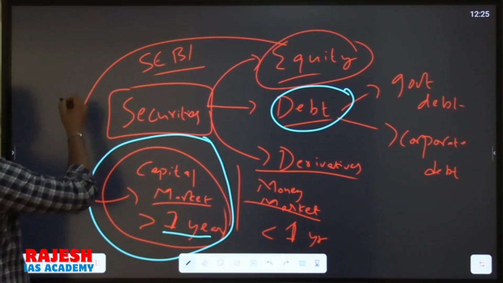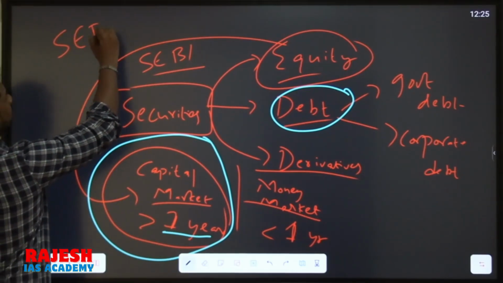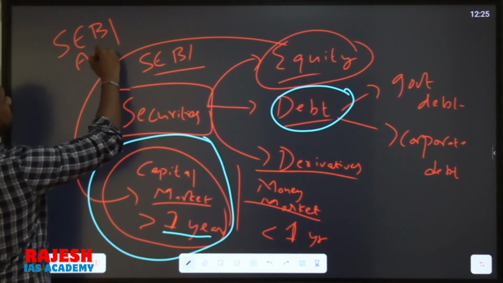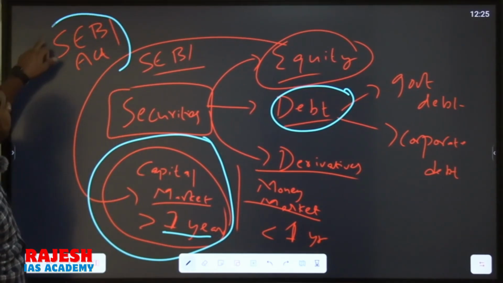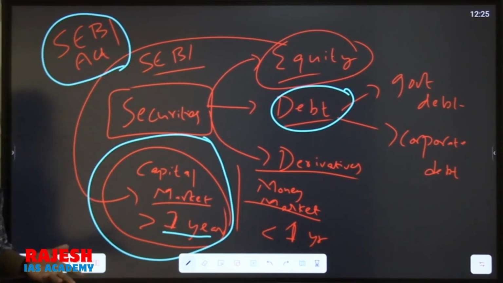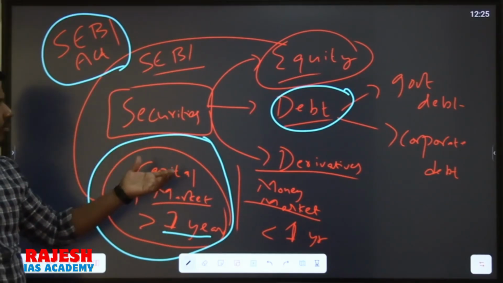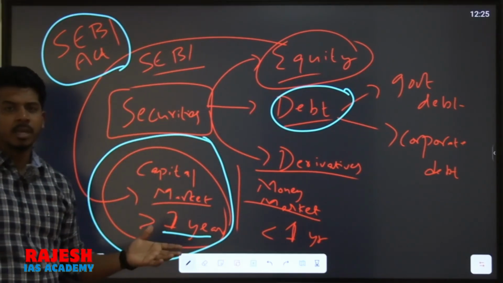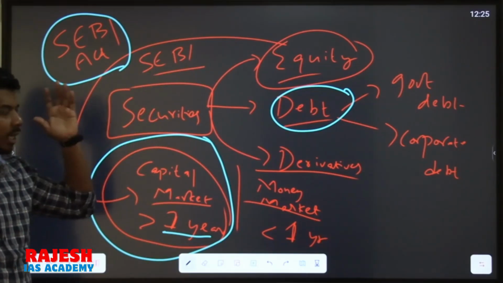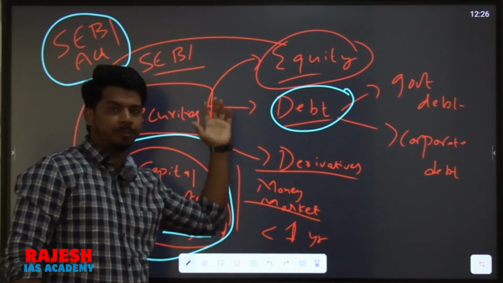SEBI was formed under the SEBI Act, I think 1992. Then there are many acts, like the Depositories Act, and another act from which the definition of securities comes. So there are 3-4 acts currently regulating the securities market.